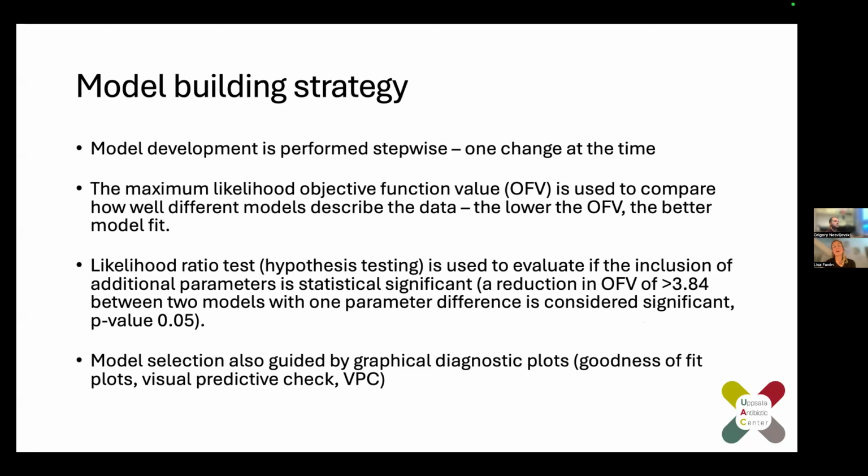And then you include the parameter and move on and test new parameters. So in every step you evaluate just one additional parameter. And the model selection is also guided by graphical diagnostic plots, goodness-of-fit plots, and visual predictive checks to evaluate the predictive performance of the model.